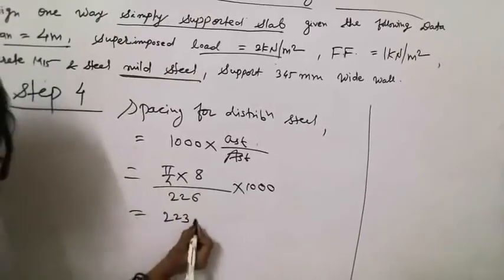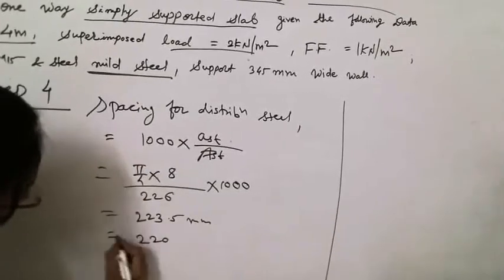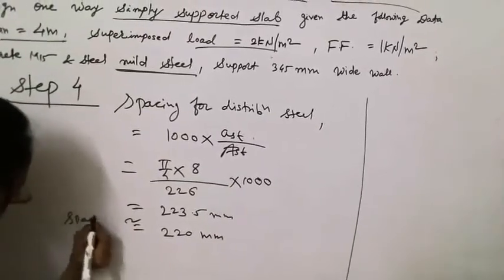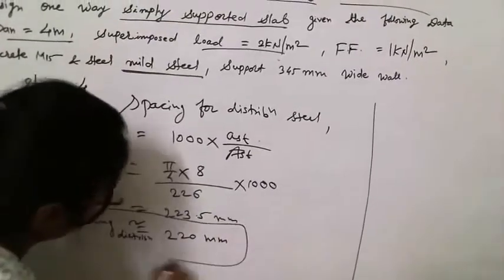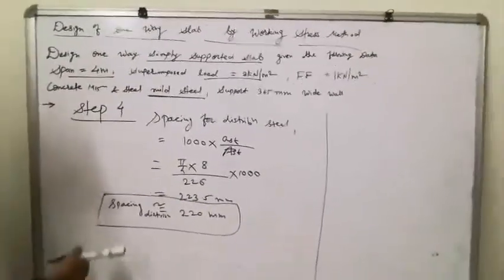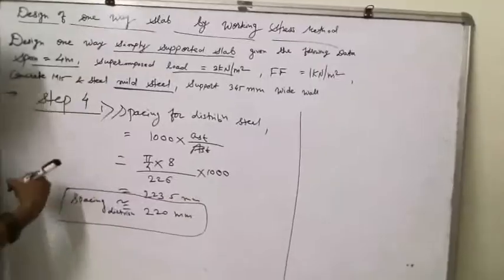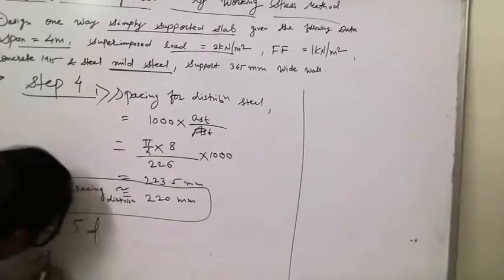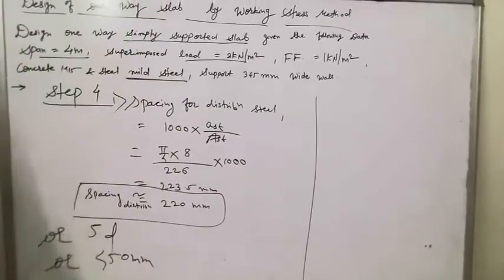It comes 223.5. Round up to 220. Spacing for distribution. The criteria for the spacing for the distribution is: this formula, or 5D, or 450 mm, whichever is less.